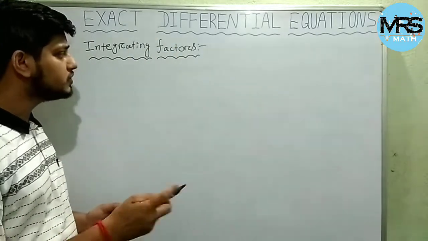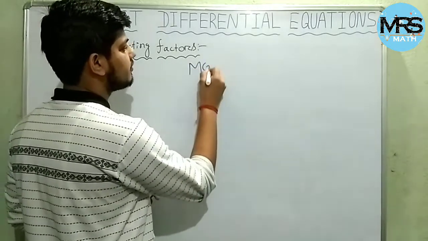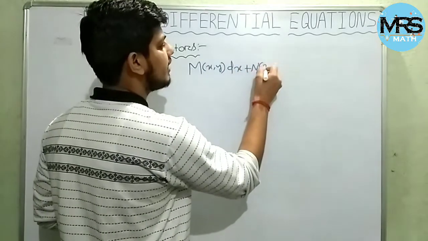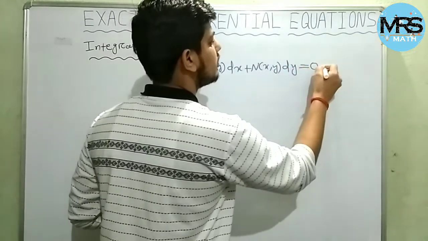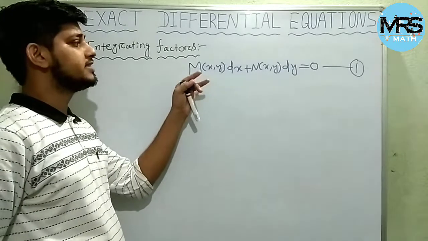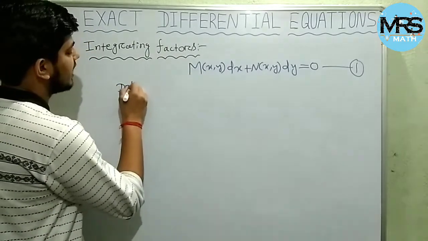Let us consider the differential equation M(x,y) dx + N(x,y) dy = 0, and consider that this is not exact. Write down the definition first.